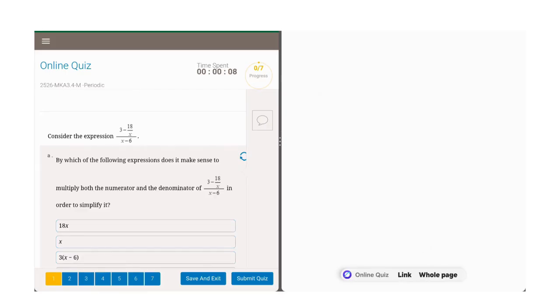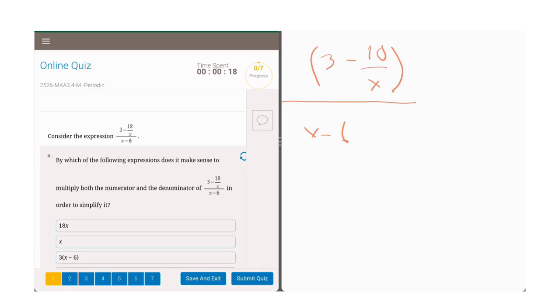So the first question, we have 3 minus 18 over x all over x minus 6. So for the numerator of the big fraction, we need to make an LCD. So we have 3 over 1 minus 18 over x. To make the LCD, we just have to multiply 3 by x and 1 by x.